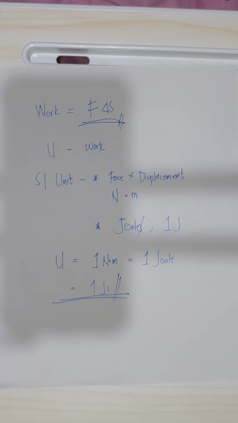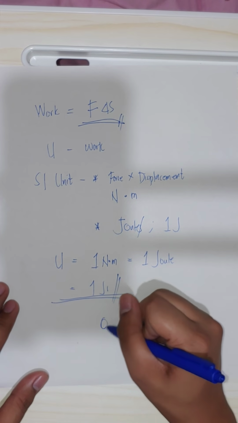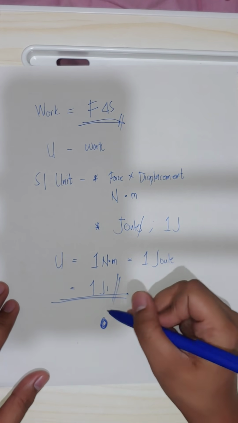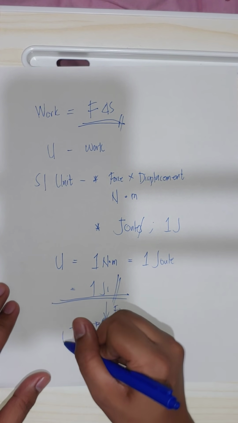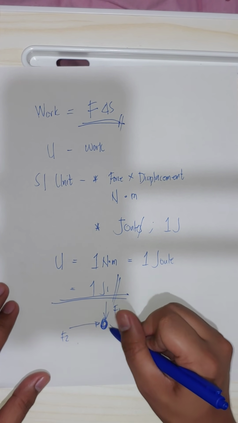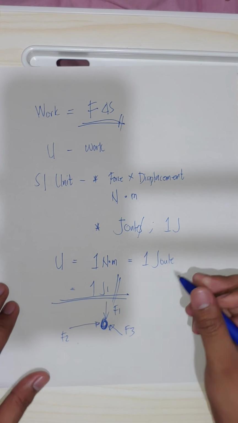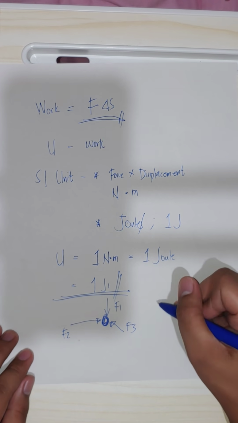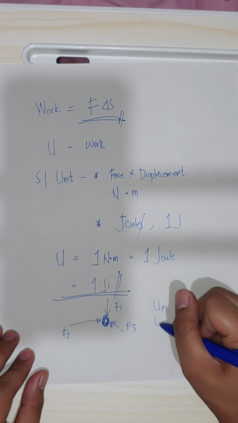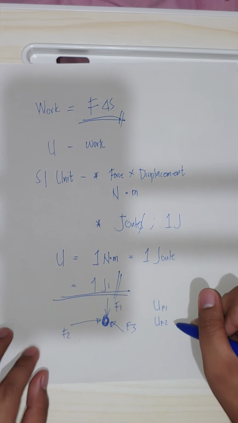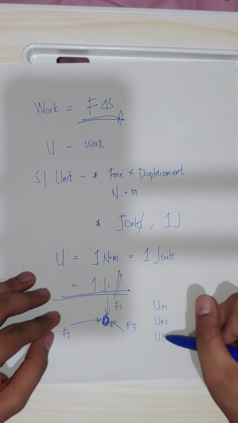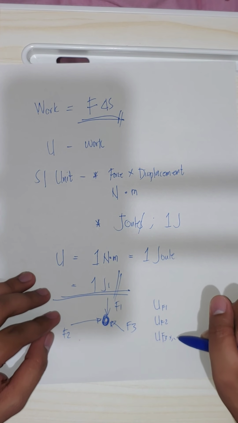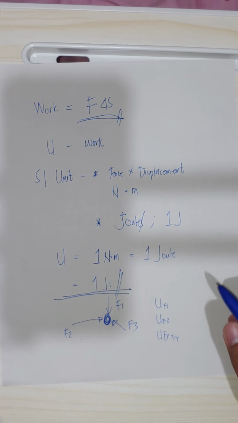That's it. So if there is a particle with many forces, F1, F2, and F3 over there, what we do is find the work due to F1, the work due to F2, and the work due to F3, in X or Y. So you break them into components.